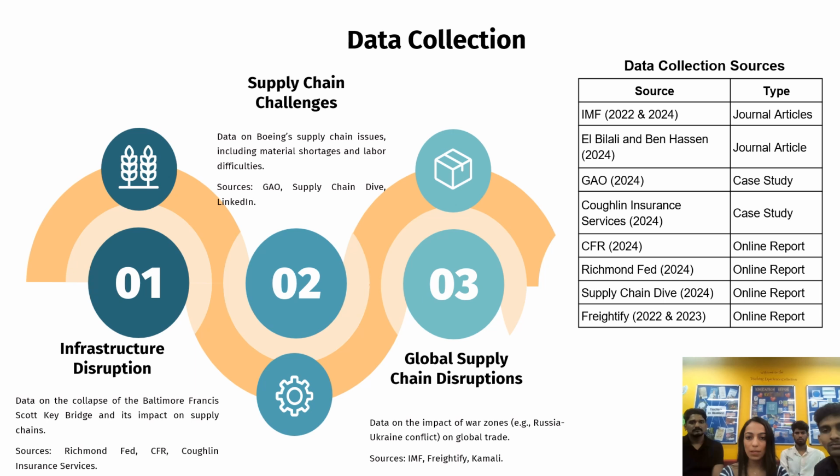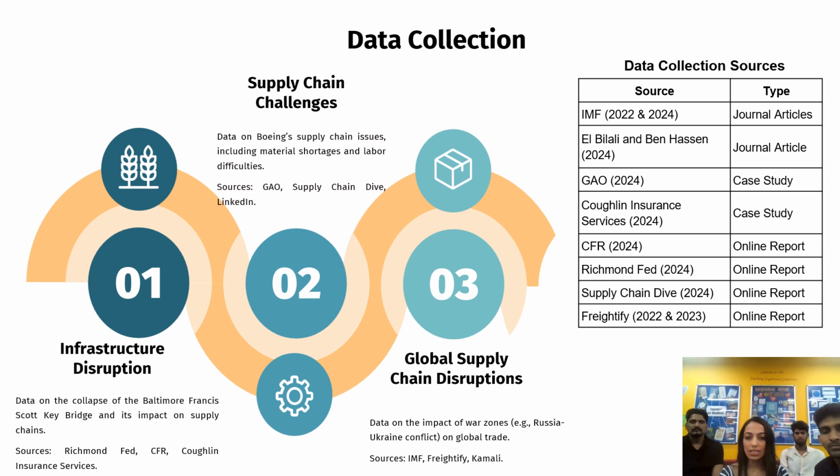Second, we looked into supply chain challenges, specifically those faced by Boeing, including material shortages and labor difficulties. The data for this segment was sourced from the US Government Accountability Office, Supply Chain Dive, and LinkedIn reports. These sources provided insight into the internal and external factors affecting Boeing's operations.